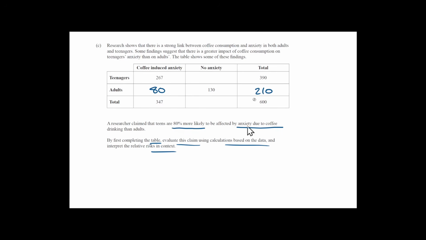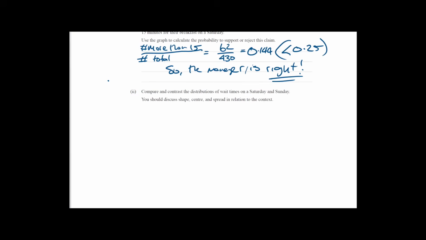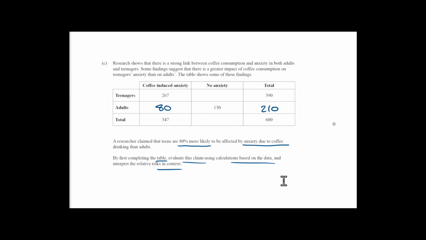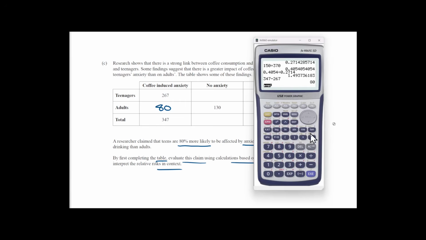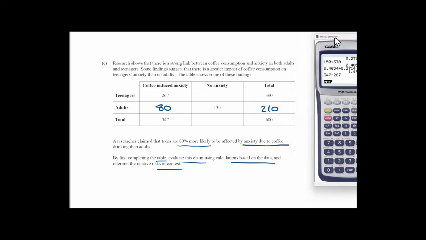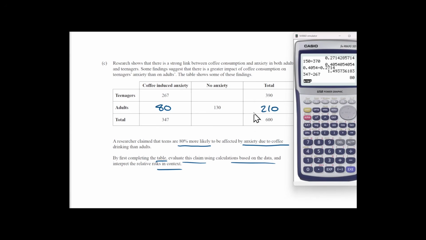And in here, this is going to be 600 minus 210, so we need to bring the calculator. 600 minus that is 390.